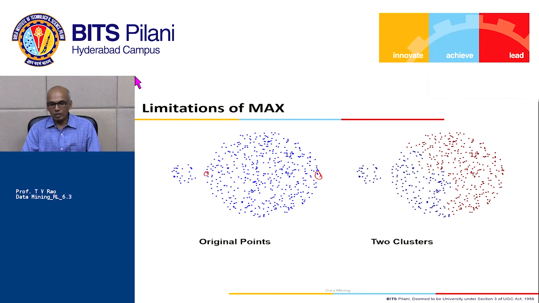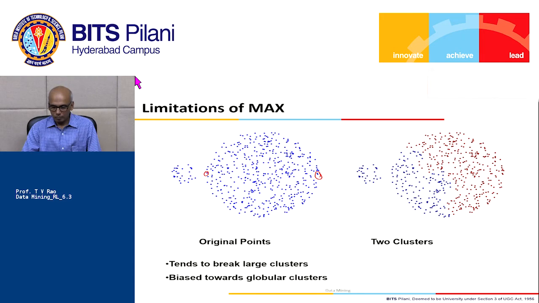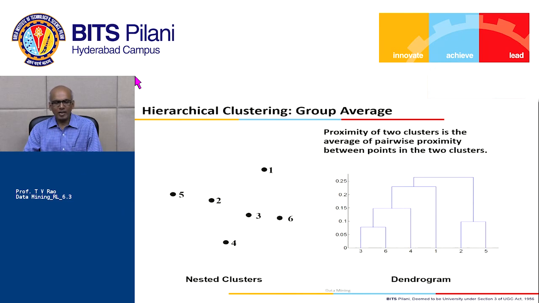So we are going to get unnatural clusters based on the max criteria for the proximity. The reason this happened is that the distance between these two is much smaller compared to the size of this cluster. So it could not recognize, considering the max criteria, that there is a natural clustering separating out these two. We can take a group average.